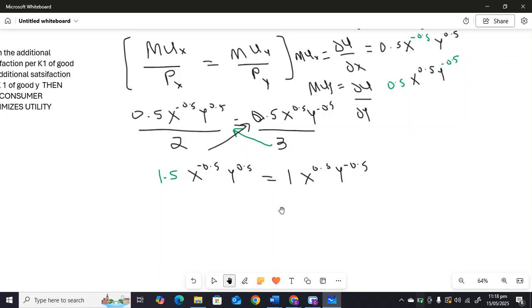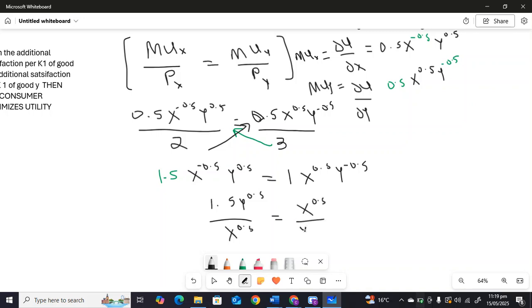Okay, so here, since we've got negative powers, so x to the power negative 0.5, we bring it down, so it becomes 1.5 y to the power 0.5 over x to the power 0.5 equals x to the power 0.5 over y to the power 0.5.